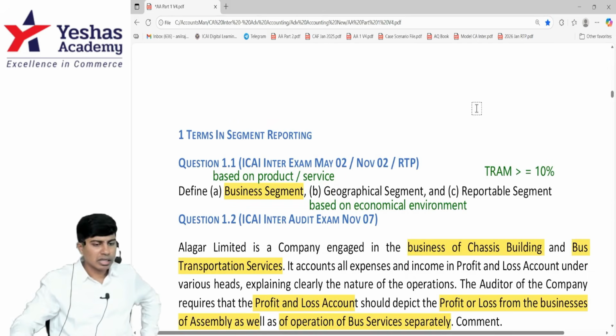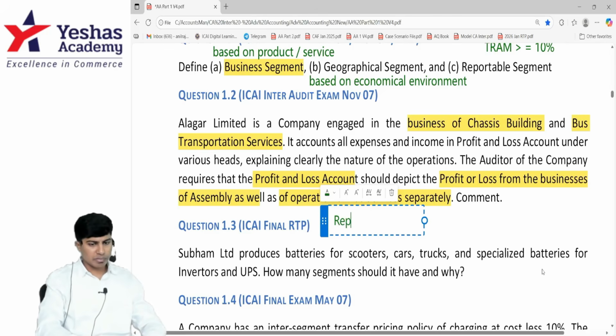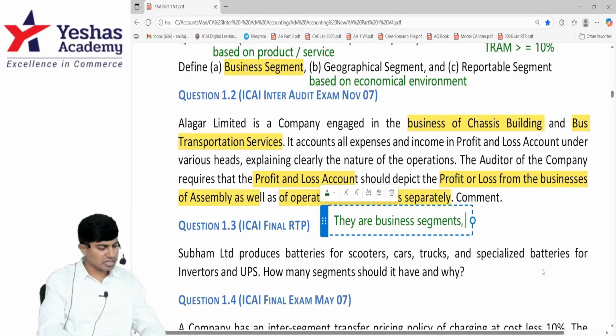Done. Come to 1.2. Here, what is the answer that we're going to write? They are business segments. Are they business segments? Yes.